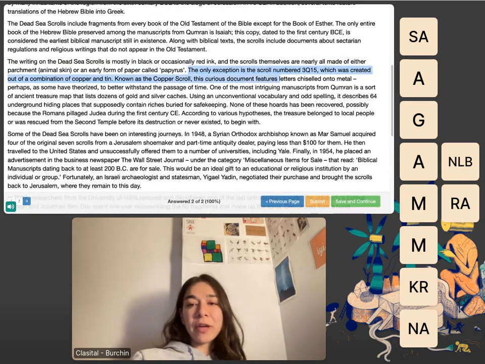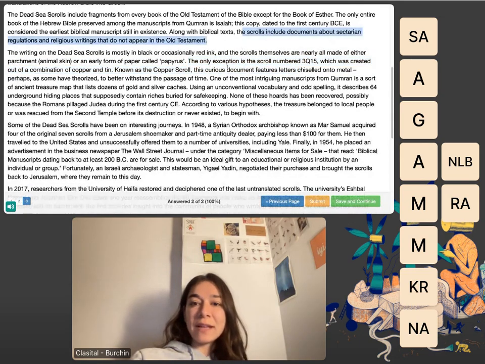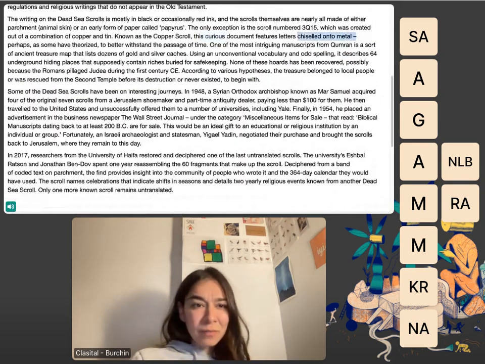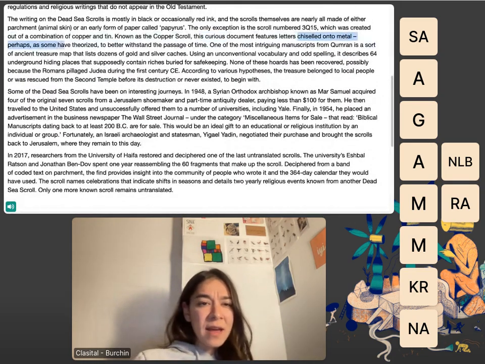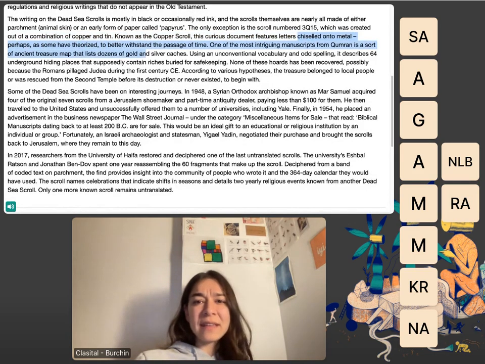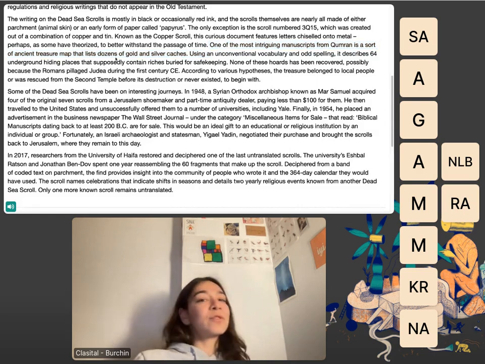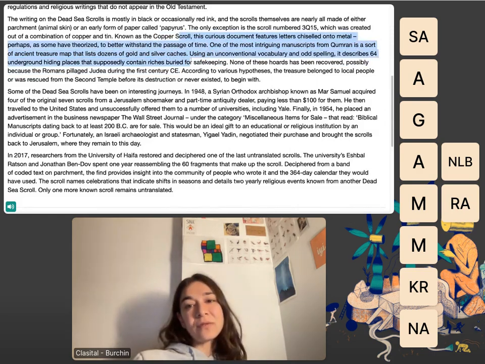This curious document, curious, strange, features letters chiseled into metal, perhaps, as some have theorized, to better withstand the passage of time.